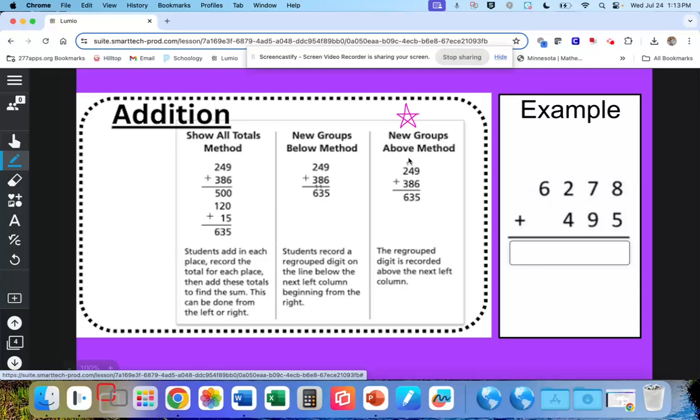Now, what I don't like is when you put the regrouping as little tiny numbers like these examples show. When you regroup with that 1, make it just as big as the other numbers, because then you won't miss it. When you make those little tiny numbers, you have a tendency to miss them.